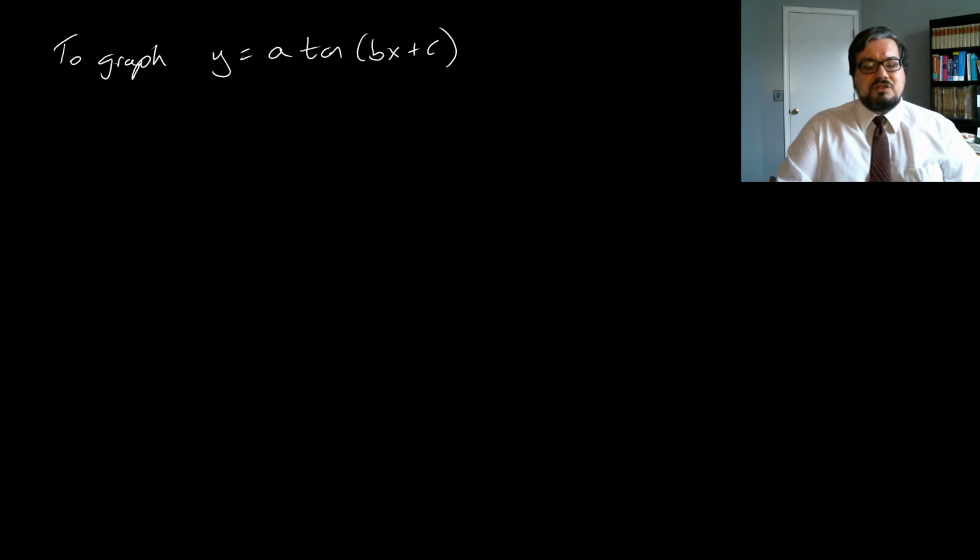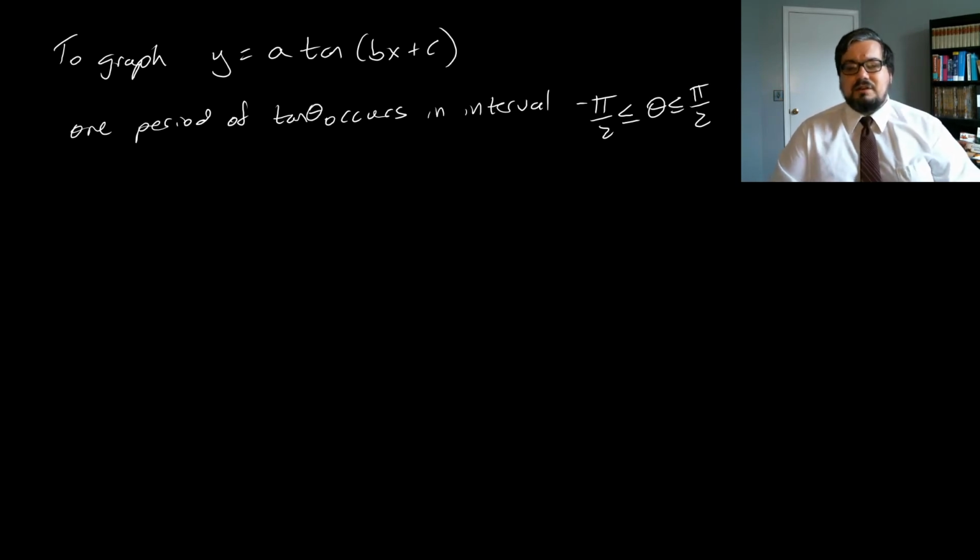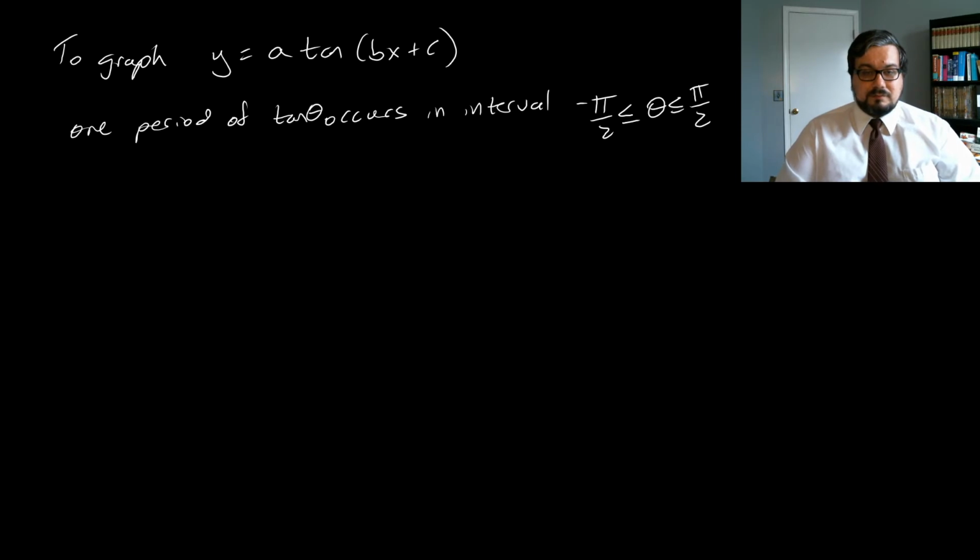So let's start with the bx plus c, the stuff inside. One period of tangent theta occurs in the interval where theta, the inside expression, goes between negative pi over 2 and pi over 2.